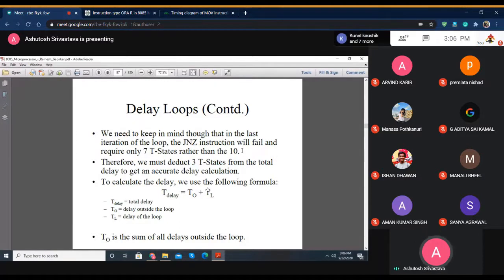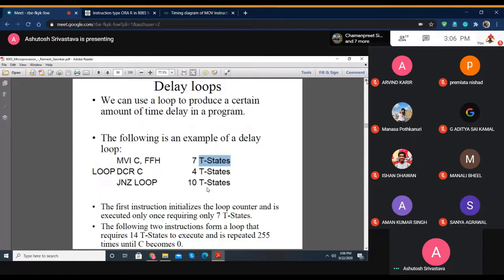In the very last iteration of the loop, the JNZ instruction will not be executed, it will fail. So instead of 10, there will be only 7 states. So there are 10 T states if this JNZ is executed. If not, then it only takes 7 states.